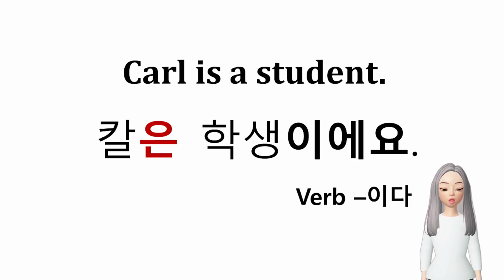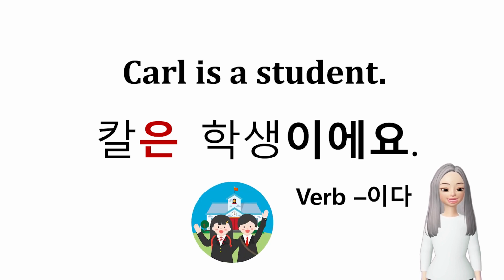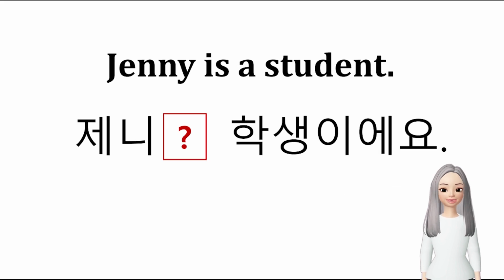Let's try out with examples together. Again, the sentence Carl is a student. 칼은 학생이에요. Because 칼 has a 받침. And think of O for yes, and it's a circle, so it is 은. There's the next example. This time, you try.